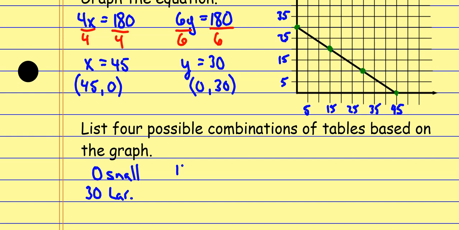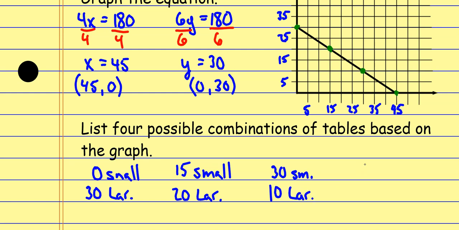So that would be 15 small tables and 20 large tables. The next ordered pair I have is 30, comma 10. So again, that's 30 small tables. I guess I can abbreviate small as well. And 10 large tables.